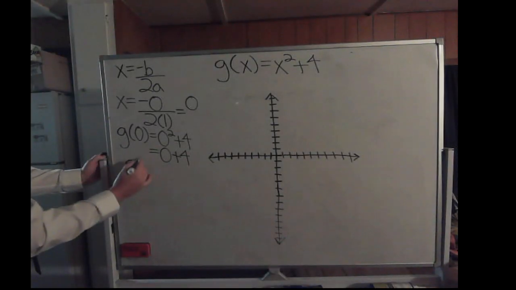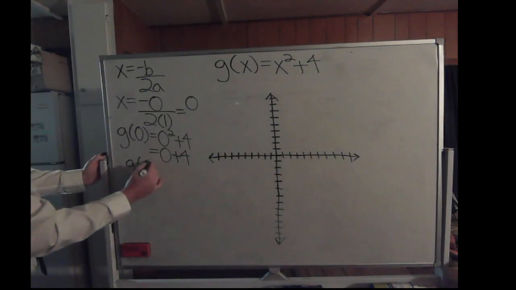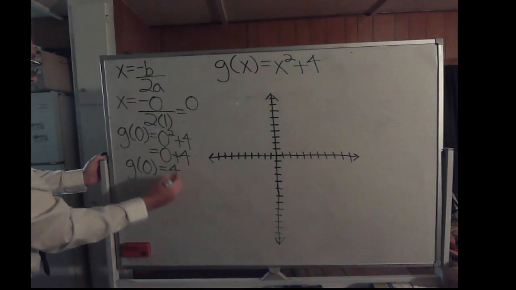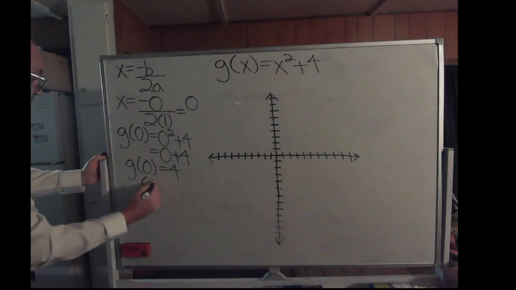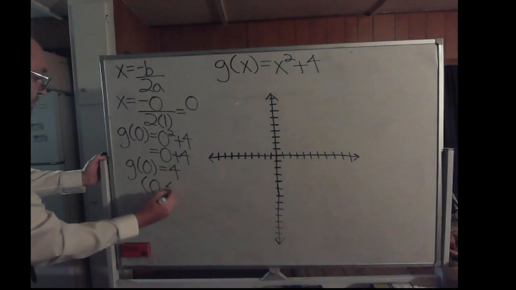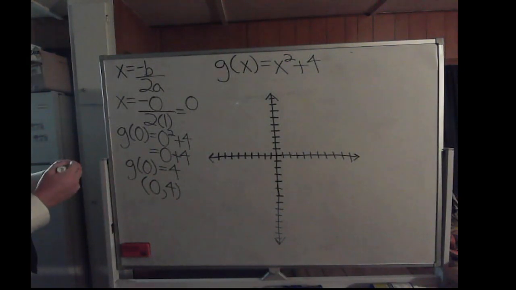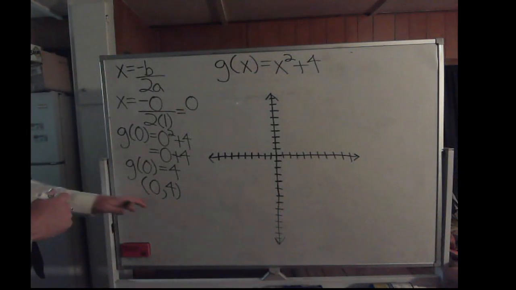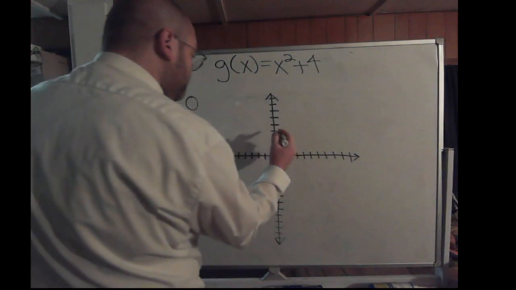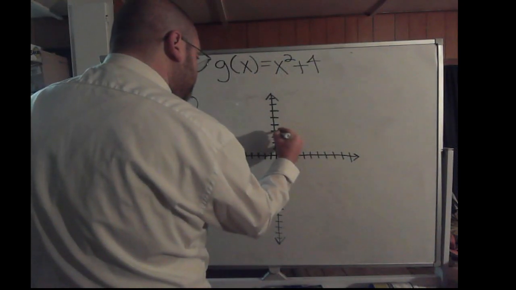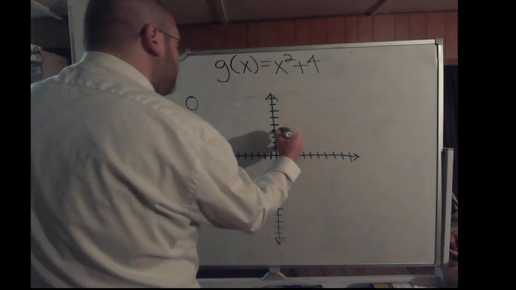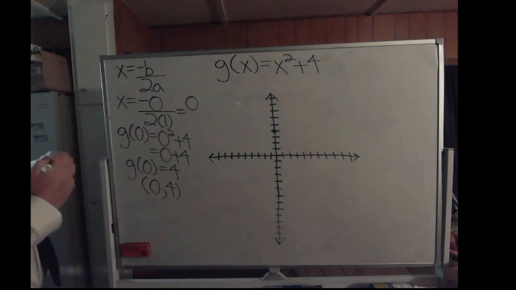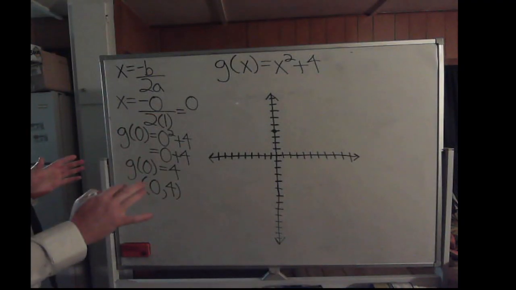So g of 0 equals 4. So the coordinate of the vertex is going to be at 0, 4. So 0, 4 is going to be your vertex. Okay, so we've plotted the vertex.